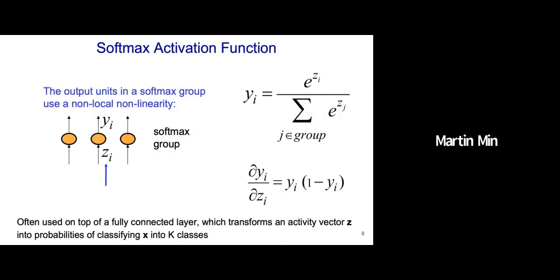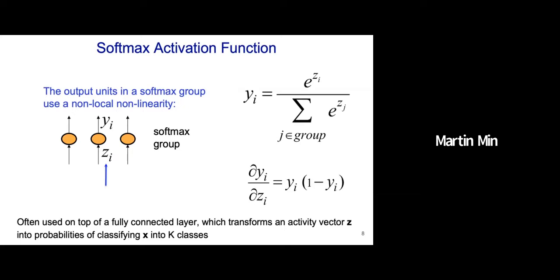Another commonly used type of activation function is called the softmax activation function. The softmax activation function is often used on top of a fully connected layer, which transforms an activity vector z into probabilities of classifying z into k classes. This is popular because we often need to do classification, right?